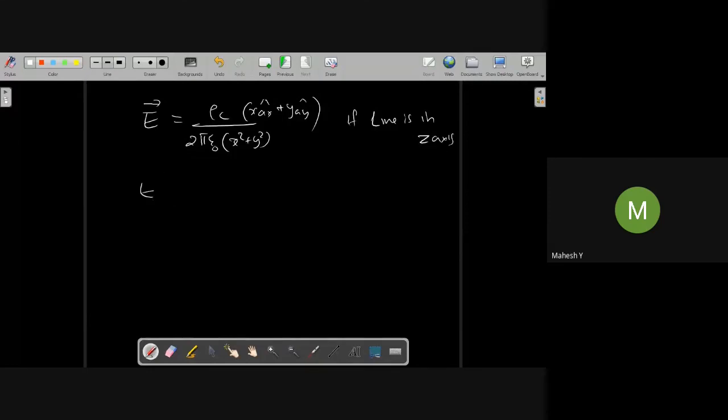Now, can you tell me what is E? It will be rho L by 2 pi epsilon 0 into x ax cap plus z az cap divided by x square plus z square. So, in which case this is the expression? Can you tell me in which case we are using this expression?